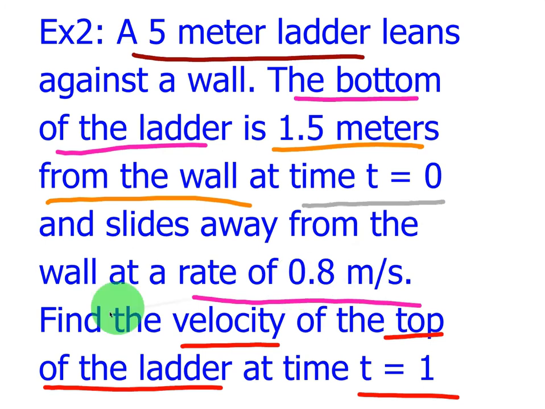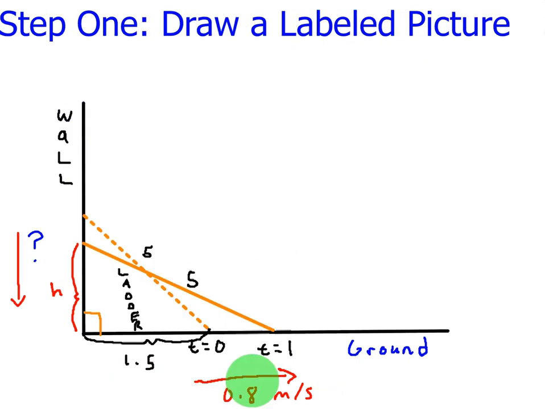We want to find the velocity of the top of the ladder at time t equals 1. So I've got a question mark here, basically how fast this ladder is sliding down the wall at time t equals 1. So maybe it's sliding down at a rate of 2 meters per second or 1.3 meters per second going down.